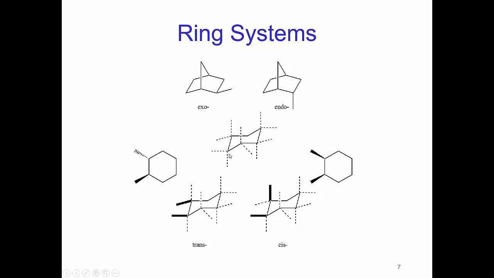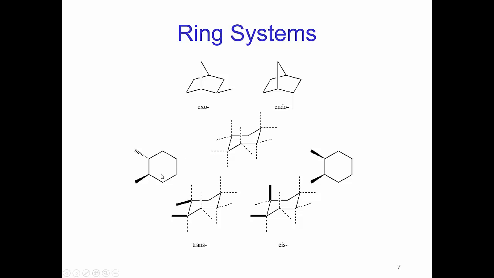In the case of cyclohexane, all these hashed lines are where protons would go, the bonds to carbon and hydrogen. And you'll notice we have 3 that are above the ring, and then we have 3 that are below. Actually, this one's not showing the hatches. So back here, there's another one coming down. So 3 below the ring. And then we have 1, 2, 3, 4, 5, 6 that are in the plane of the ring.